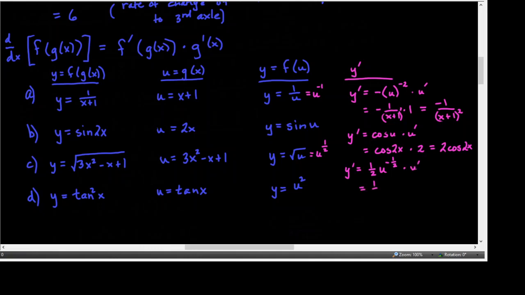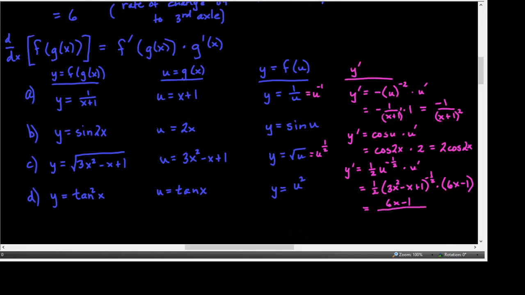So that's going to be 1/2 u, which is that trinomial, times the derivative of that trinomial, which is 6x minus 1.